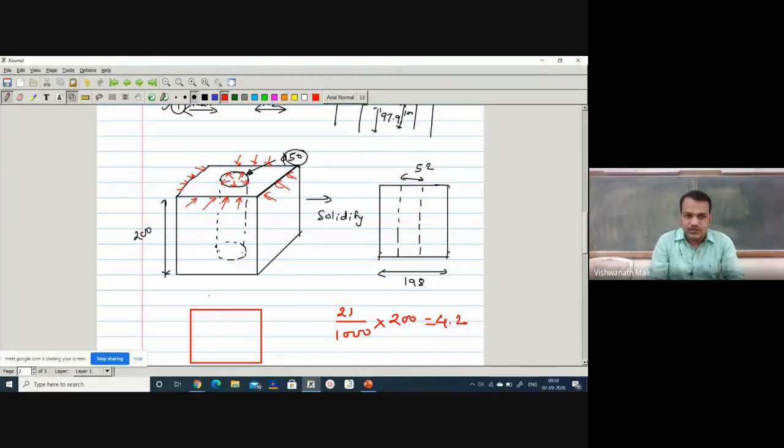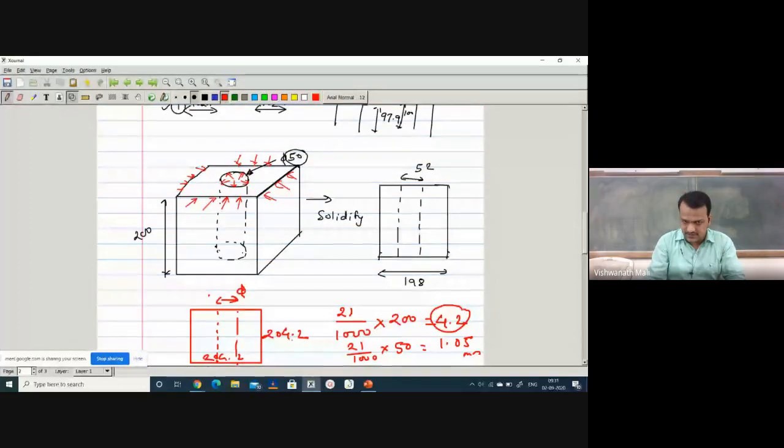So its dimensions will be 204.2 and 204.2. Now we need to select the dimension of this hole. So this will be 21 upon 1000 into 50, so it will be around 1.05. We have added 4.2 to the dimensions.